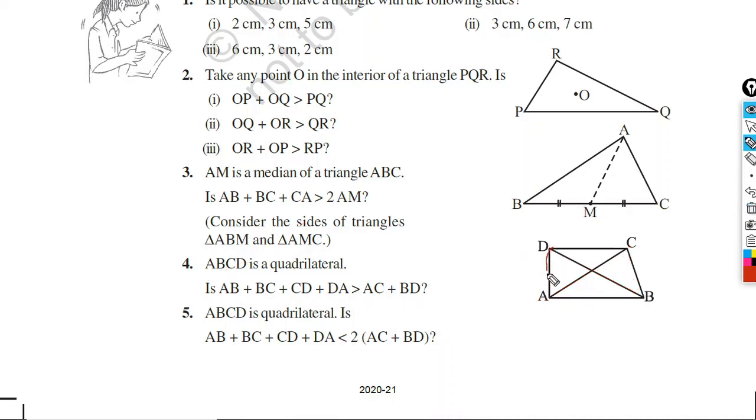First take triangle ABD. In triangle ABD, AD plus AB is greater than BD. Statement 1. Then in triangle ACB, AB plus BC is greater than AC.